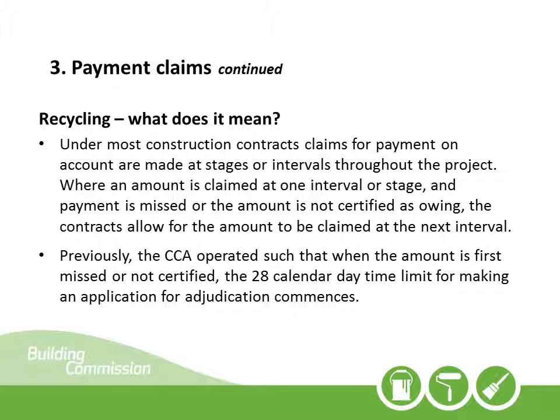Previously, the CCA operated such that when the amount was first missed or not certified, a payment dispute arose and the 28 calendar day time limit for making an application then commenced.